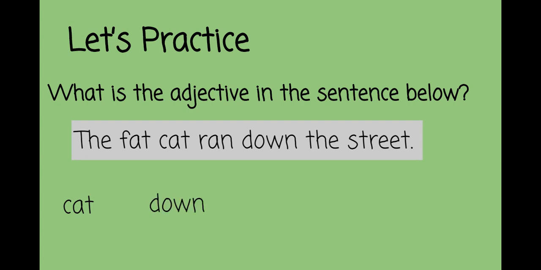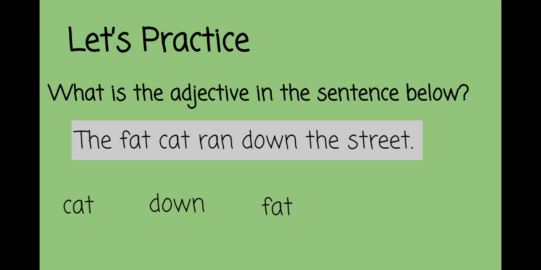Here's your second clue. The word down. What is down? Remember, adjectives describe a what? They talk about a noun. So is the word down a noun? Would it be talking about a noun? It's not in that sentence. Fat.